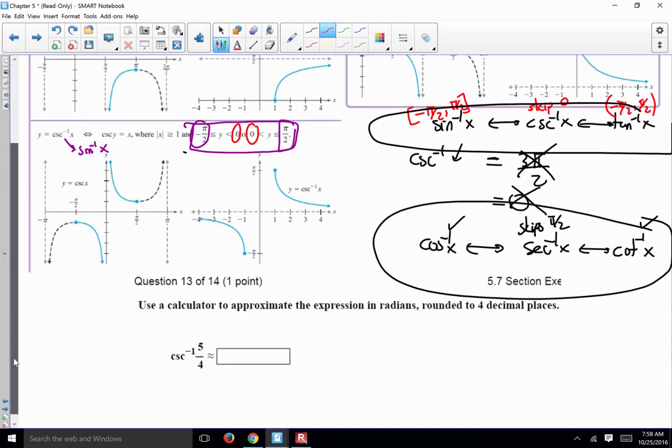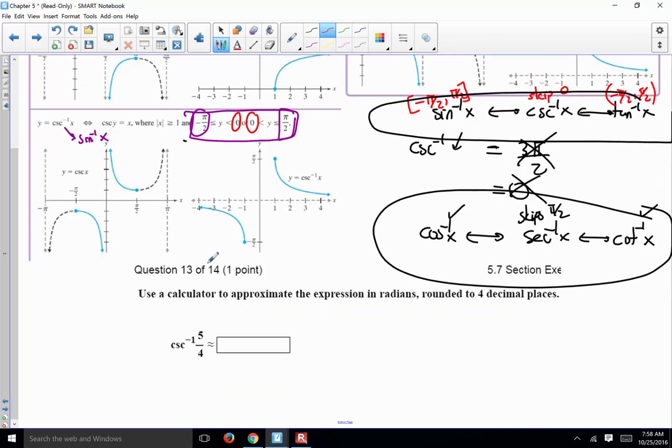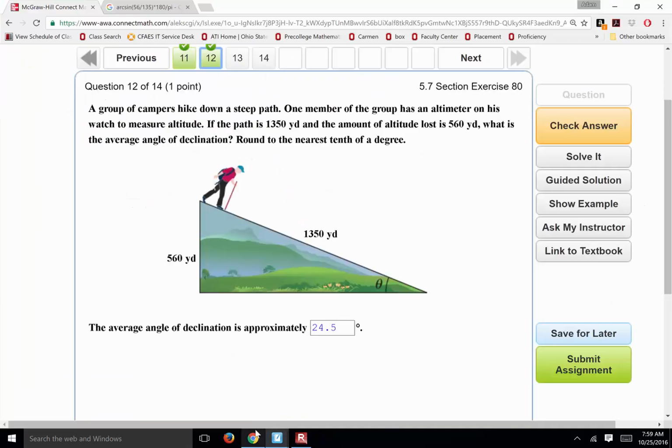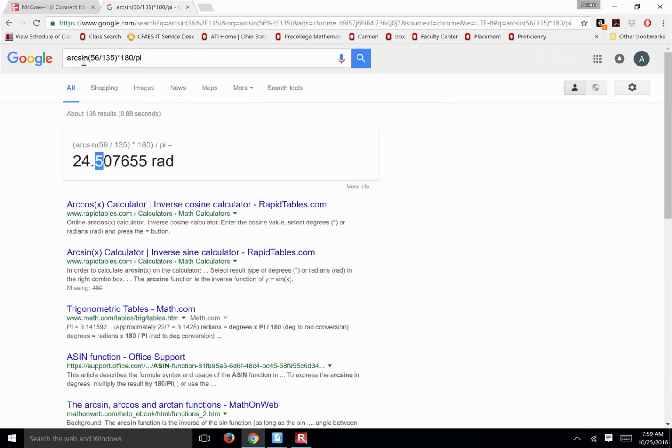Alright. Number 13 and number 14 are just calculator questions. I'm not asking anything difficult here. Just what is cosecant inverse of 5 over 4? You just need to punch this in and round it to 4 decimal places. I will show you how it's done, and then you're done.